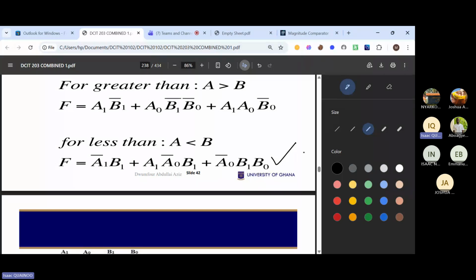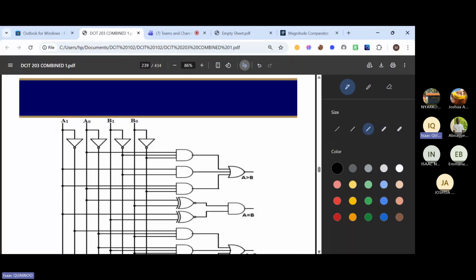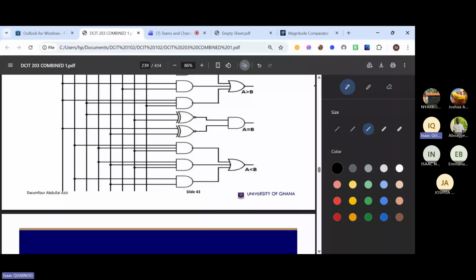So we realize that we were able to make the deductions easily without having to go through most of this hassle.